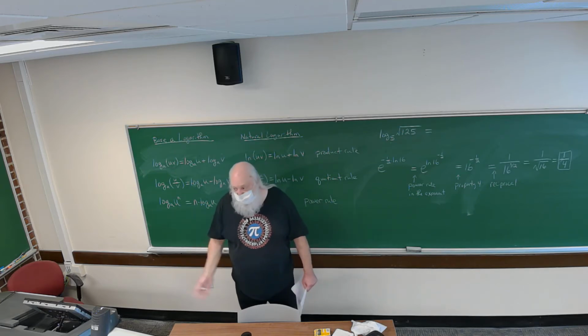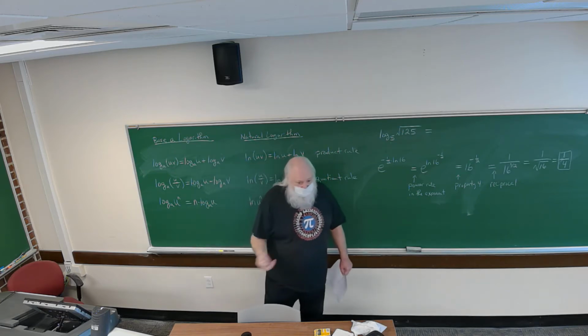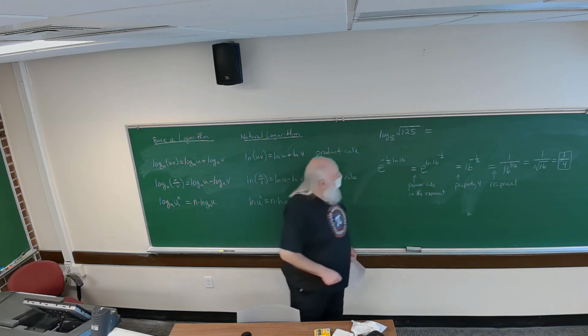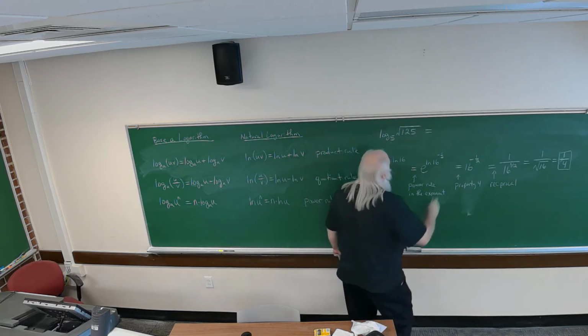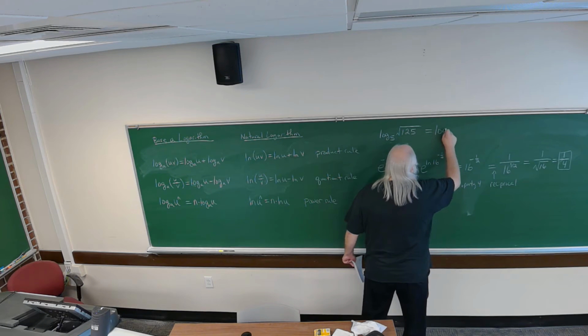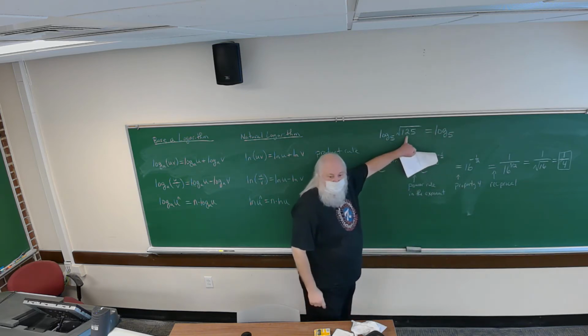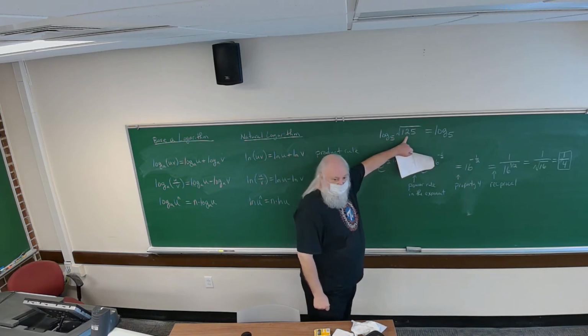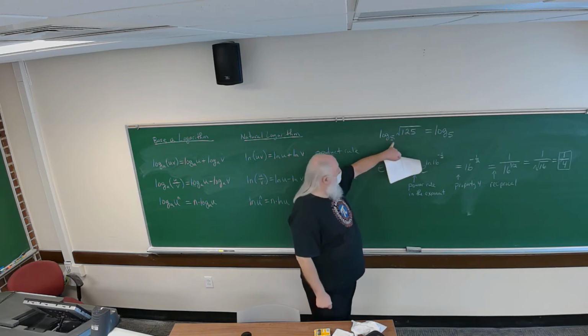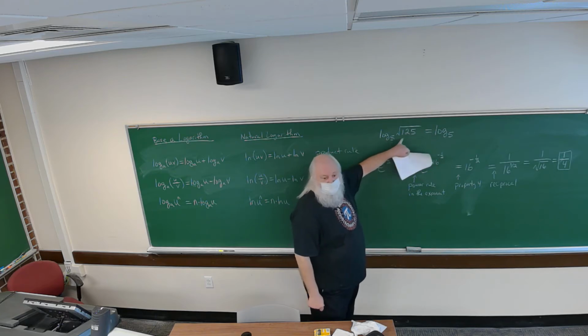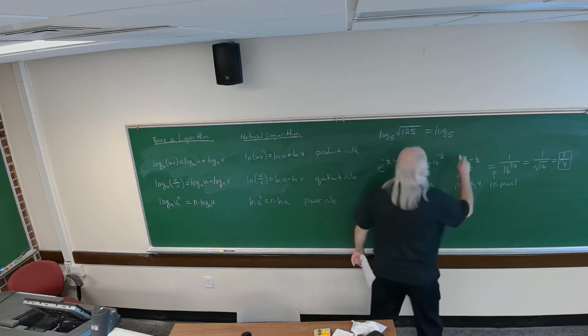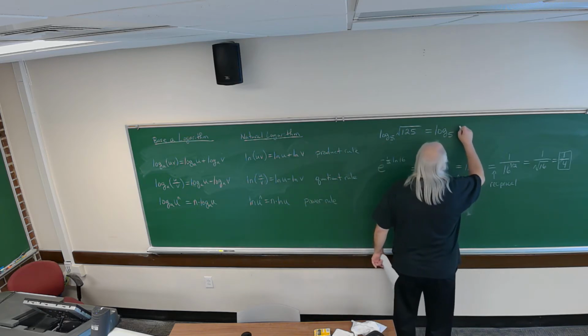I'm always looking for the shortest route, but sometimes I end up taking the longest route. But you might recognize that 125 is equal to 5 cubed, and we're dealing with base 5 here.